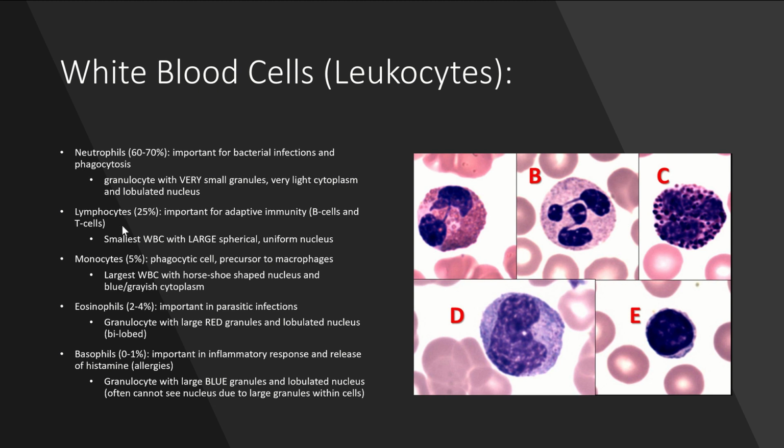And the next one we're going to talk about are lymphocytes. So this is the second most common white blood cell in your body, and these are important for adaptive immunity, right? That basically means that these lymphocytes will adapt to whatever kind of antigen they see, okay? So this neutrophil, all these other cells, they're going to respond to what they like to respond to.